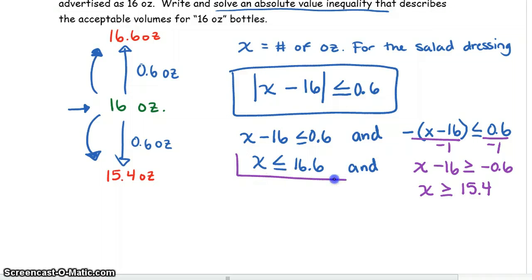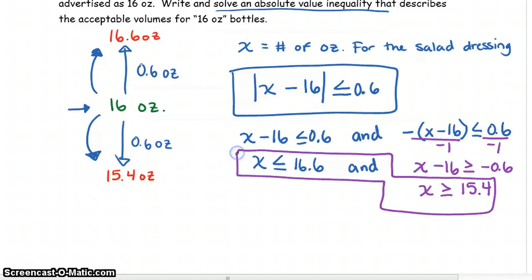And if you look at these numbers carefully, hopefully you'll recognize them from our illustration. We knew that it has to be less than or equal to 16.6, and it has to be greater than or equal to 15.4 in order for us to have a salad dressing bottle be able to be manufactured into the stores. And that will be our answer.